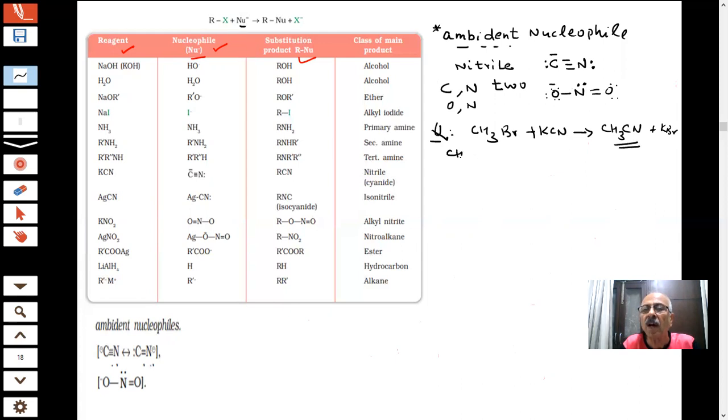But CH3Br reacts with AgCN. The product is CH3NC plus AgBr. Now you have to explain. This is my nitrile. This is my isonitrile.